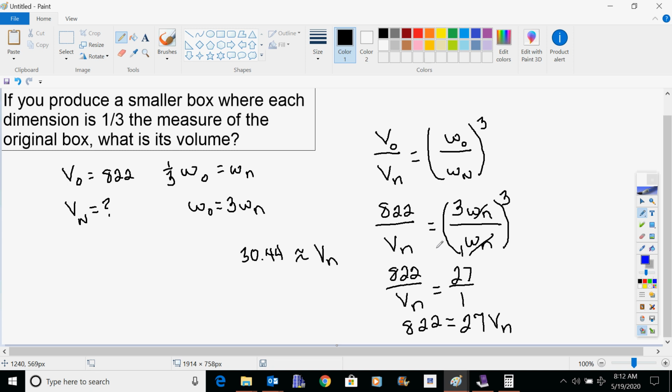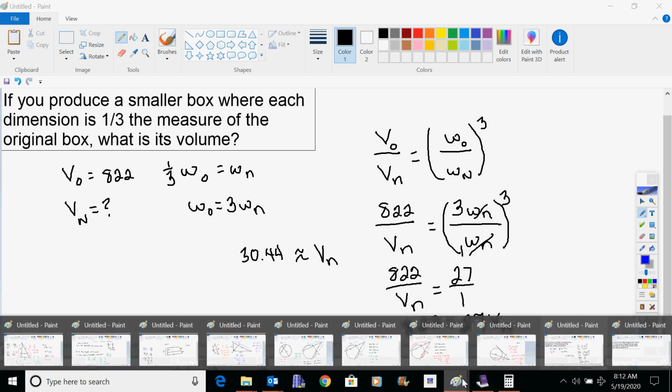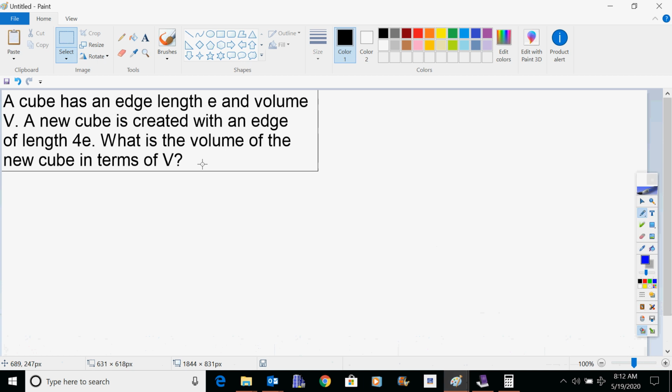Okay, so this one does have to deal with cubes. I have one more that deals with cubes. A cube has an edge length of e, so remember it's just e to the 3rd power, okay, and the new cube with an edge length of 4e. This one actually is a little bit easier. What is the volume of the new one?